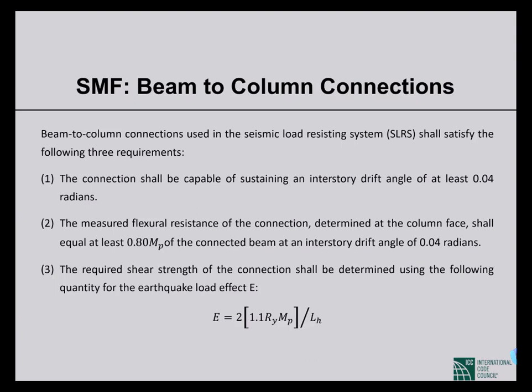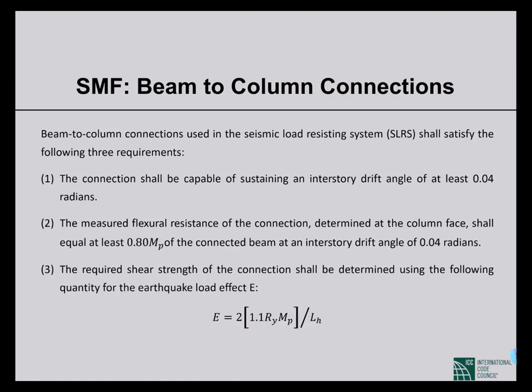First of all, originally the connection has to sustain the plastic moment capacity. But when we apply this rotation of 0.04 radian, even at that point it has to sustain a capacity of 80% of the plastic moment capacity.